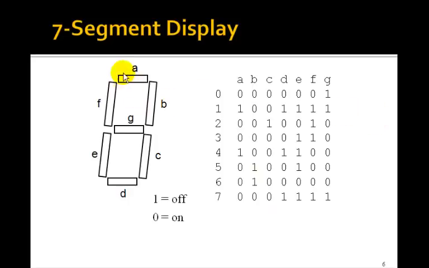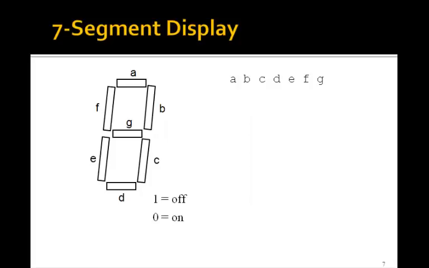7 is easy. We'll turn on A, B, and C. Make those 0s. What about 8? Yeah, 8 we just turn everything on. So all 0s will turn on an 8. How about a 9? Yeah, 9 we'll include the D, and so we'll only turn off the E. Now what about A?